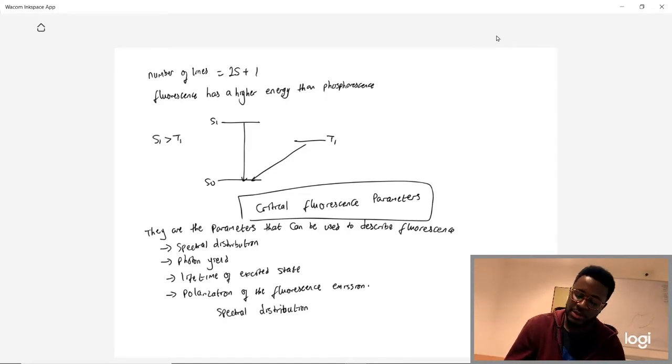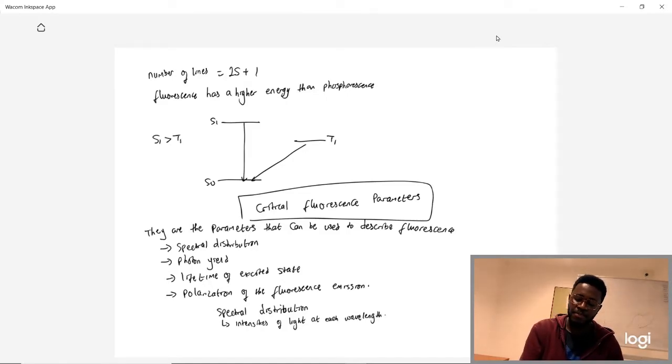So spectral distribution is just the intensities of light at each wavelength. So we have the emission spectra, and we have the excitation spectra.